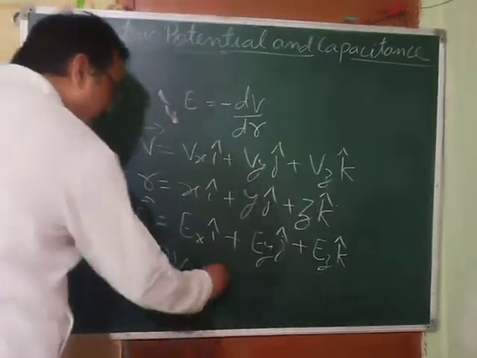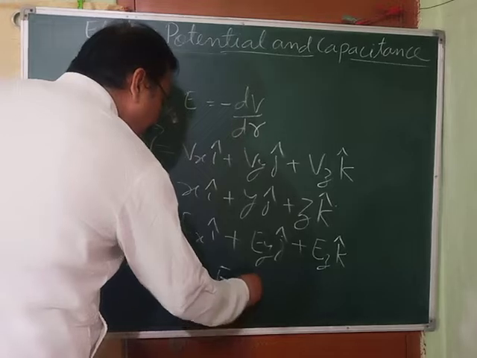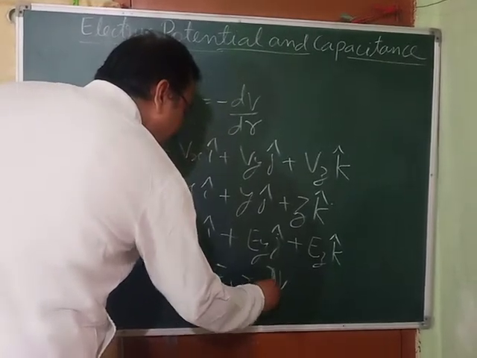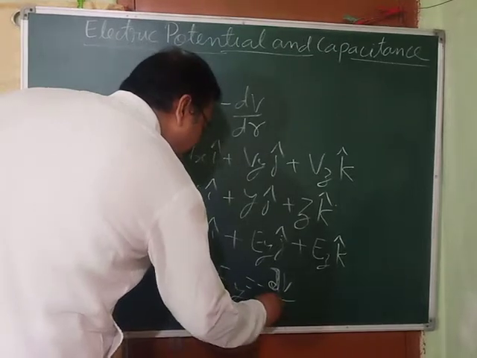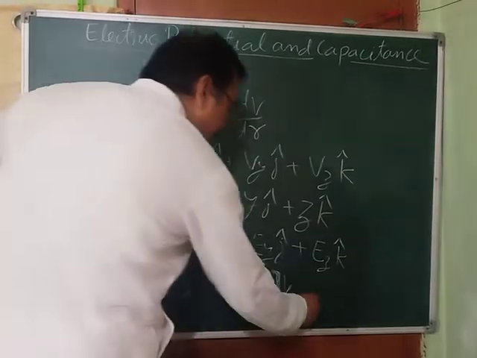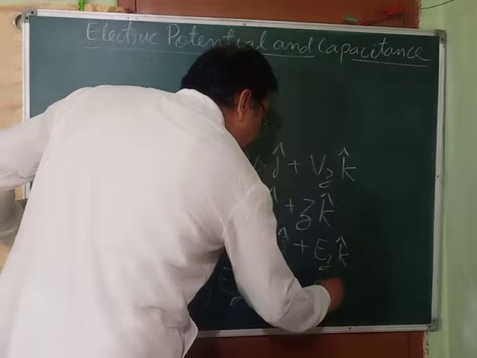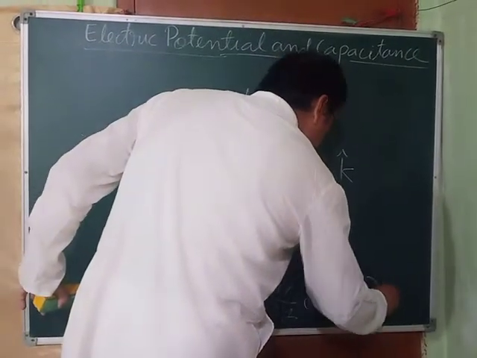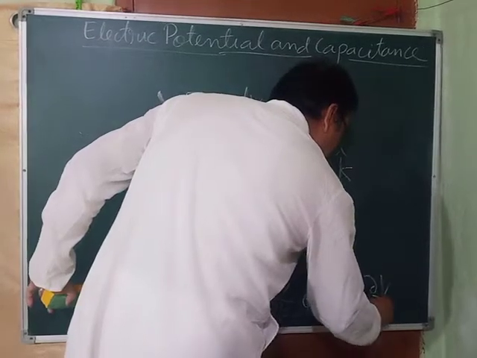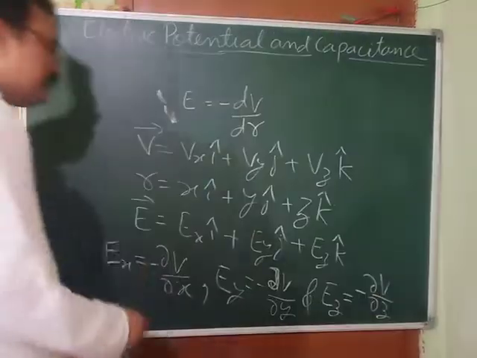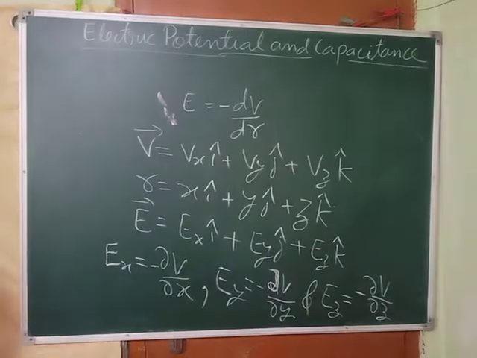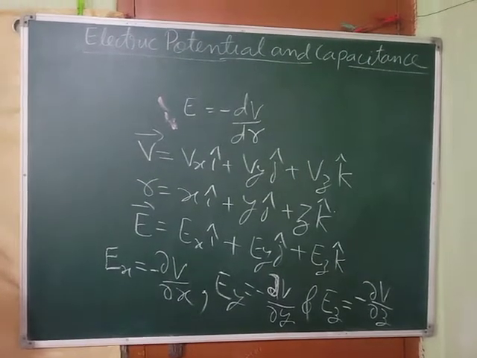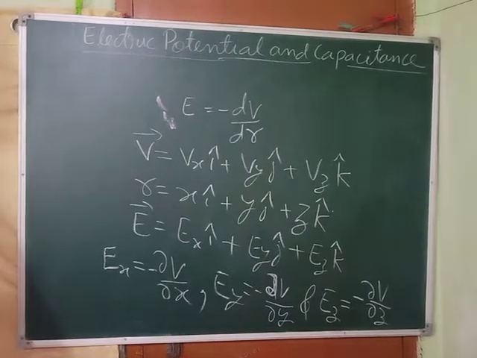And this way we can write, and then when it comes to Ey, we can write minus partial dV by dy, and Ez equals minus dV by dz. So in this way we can find out different components of electric field intensity if the potential is given in the form of components.